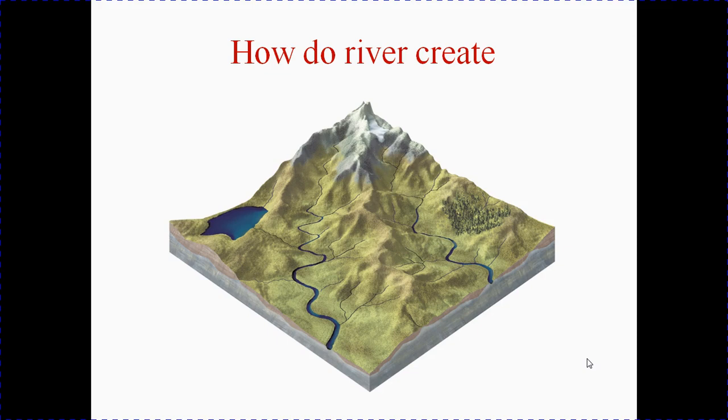Now I will discuss how do rivers create. This is a picture of the Earth's surface, the mountain area. Most rivers start life as a tiny stream running down a mountain slope. A huge amount of ice accumulates on the top of this mountain range.